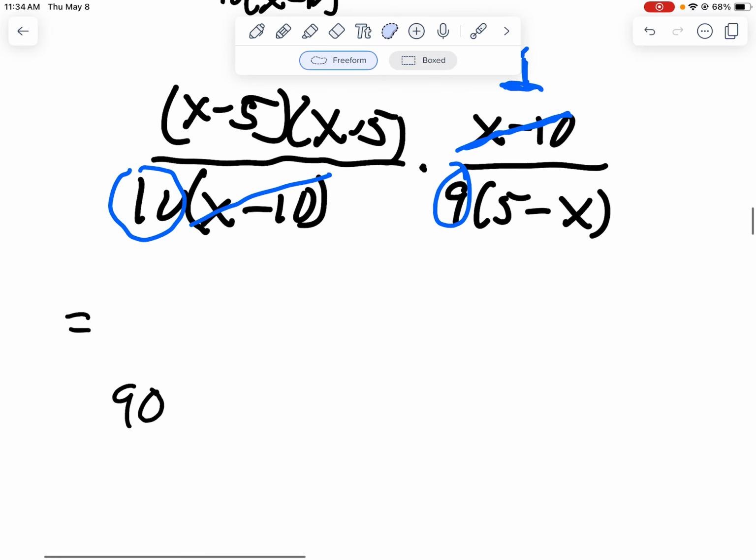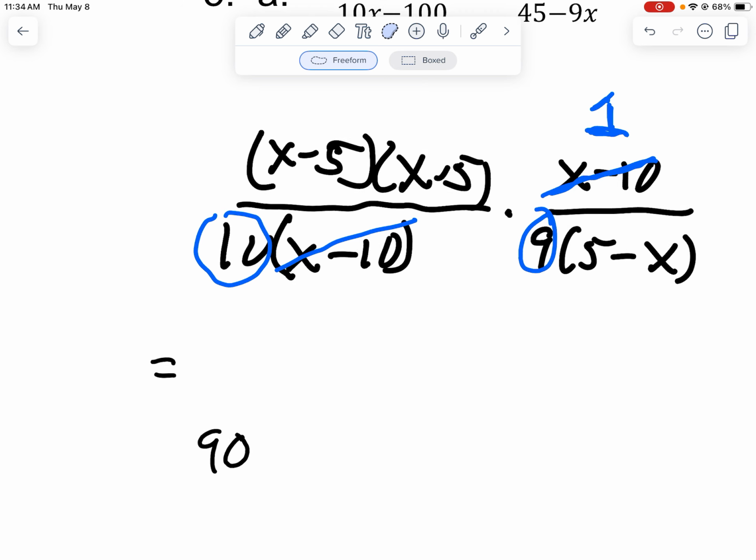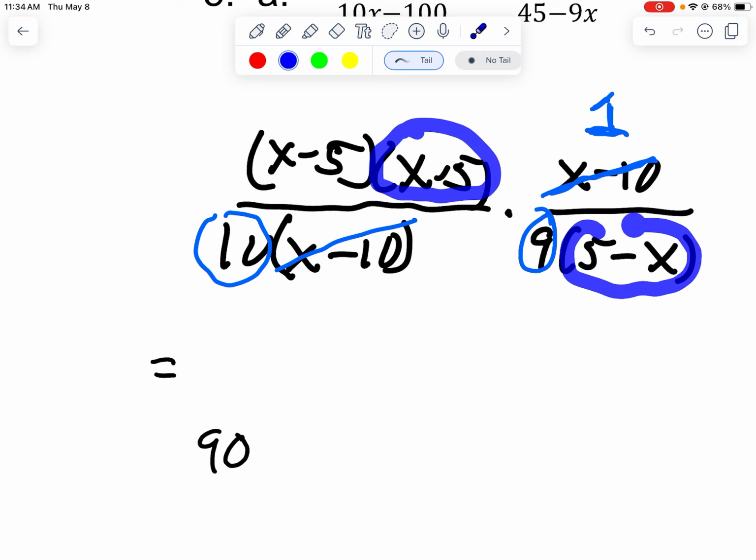And then I wanted to point something out. You have two things right here, this x minus 5 and 5 minus x. They're almost exactly the same, but different, right? One's x minus 5, the other one's 5 minus x. It's kind of like 3 minus 1 is 2, 1 minus 3 is negative 2.